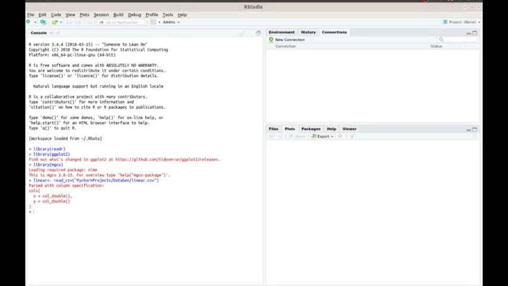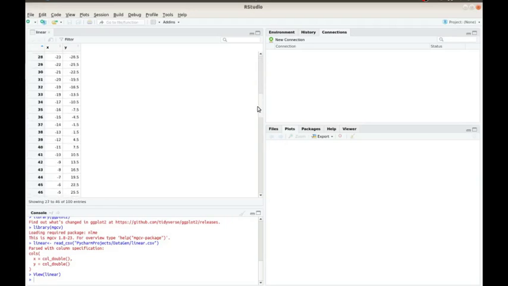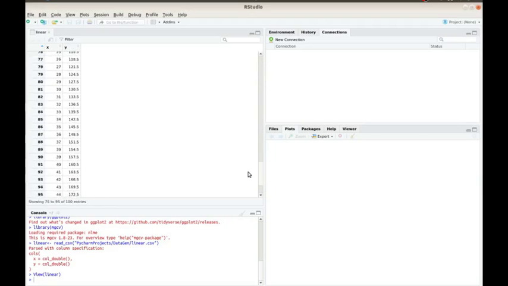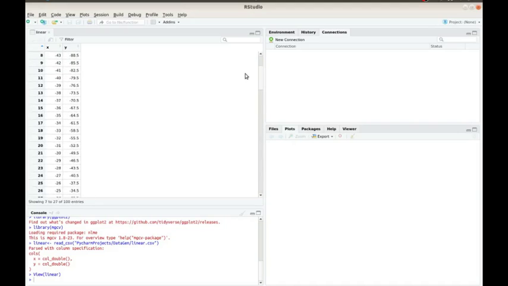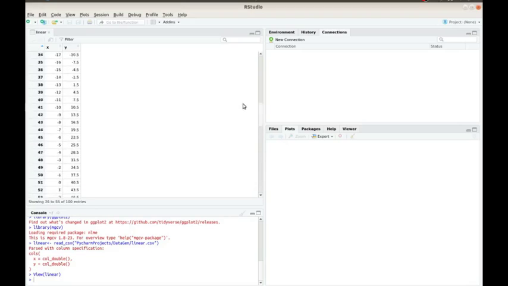We can view the linear file, and as you can see, it is not random. We have no random values in this mix, and it's quite predictable what the value of y will be depending on the value of x.